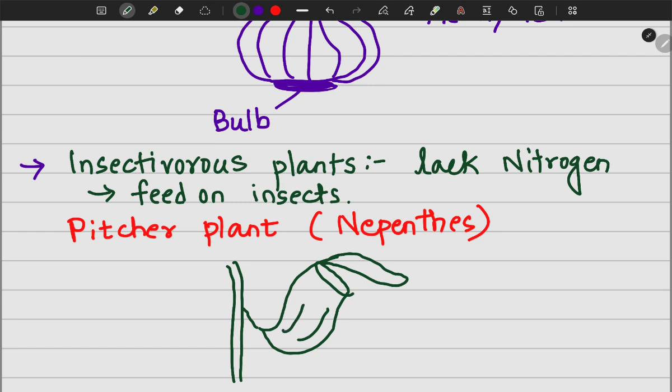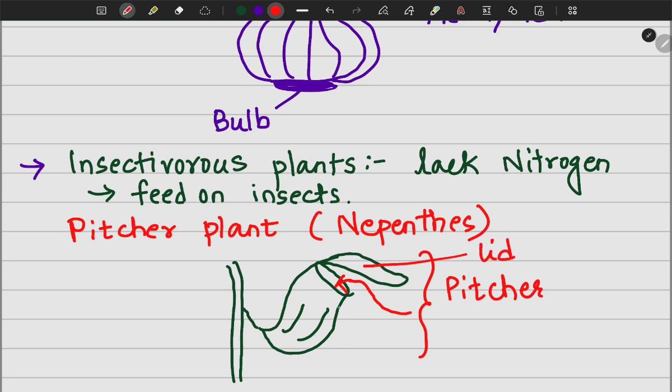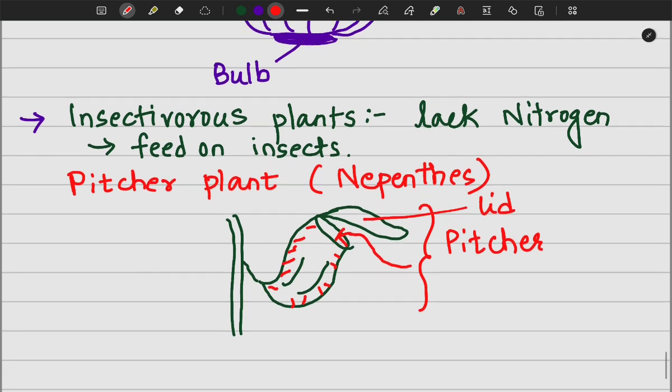And so this structure is called a pitcher, and it is formed by the modification of the leaf. So whenever an insect enters this pitcher, then this lid closes and the insect gets trapped, and then digestive juices are secreted inside the pitcher, and that insect will be digested. In that way, the plant overcomes its nitrogen deficiency. So pitcher plant is one of the examples.